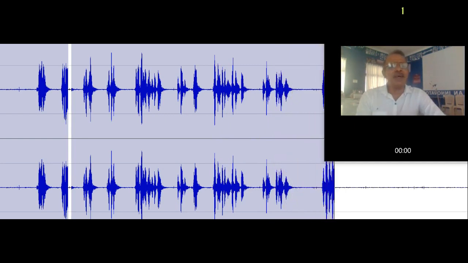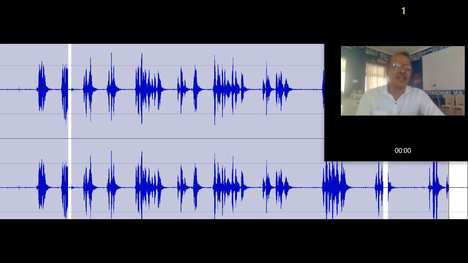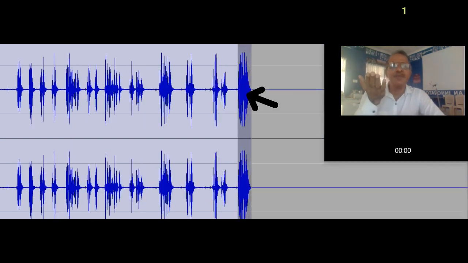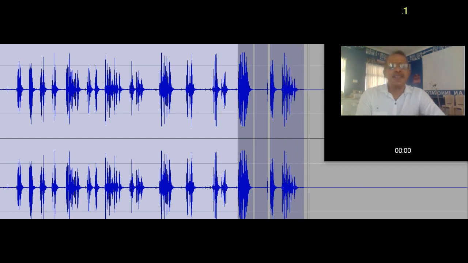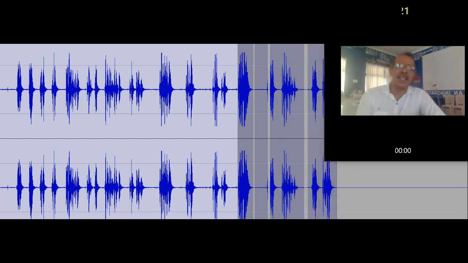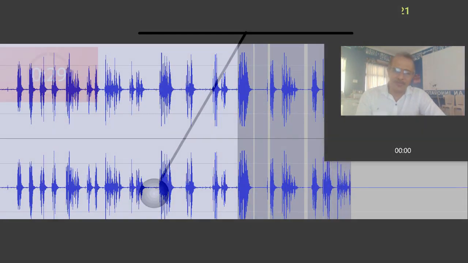If I bring down my volume, you can observe the pattern of graphs, and when I raise my volume, you can see how the graphical representation change. This is how every vibration can be put in terms of graph.